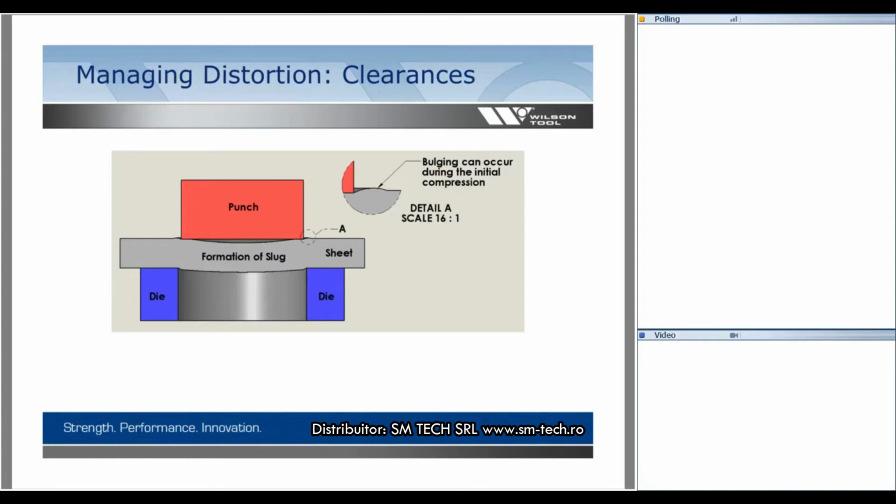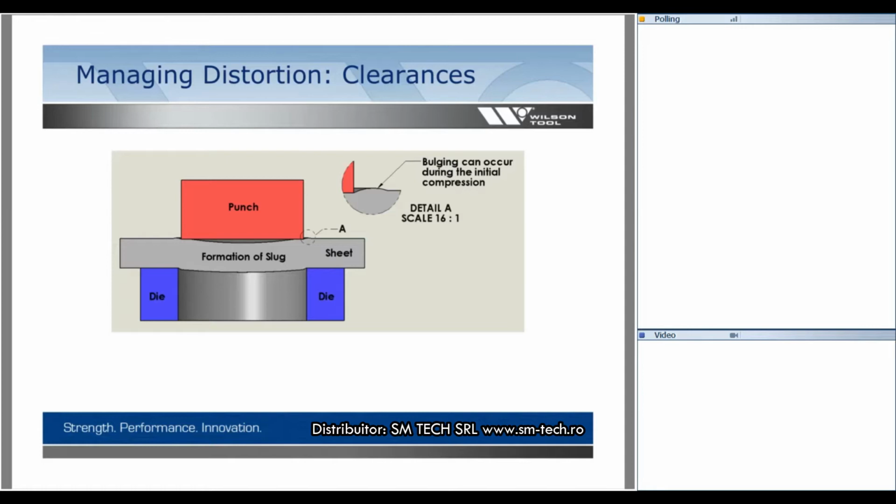When we have too little clearance, we also get this little bulge on top, so it can grow in the other direction. This is probably the least common problem with piercing, but when customers find that they need to go to a smaller clearance so they have an acceptable burr, because with these hybrid materials, we really have to play around with clearances to get the right effect on the bottom of the sheet, or possibly a blank if we're doing blanking.